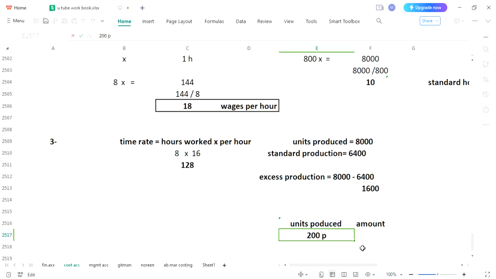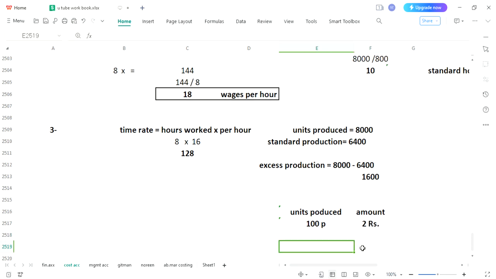So here 100 pieces would be made and 2 rupees would be given. Now we need to know how many extra units were produced: 1600. For 1600 pieces, how much amount would be paid?